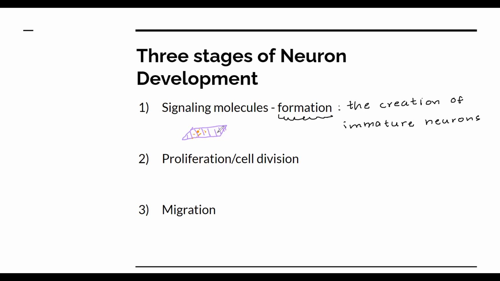So, for example, in these cells, this signaling molecule will tell it to become an interneuron, which is a specific type of neuron, right? Or a motor neuron, or a sensory neuron, so on and so forth, right?